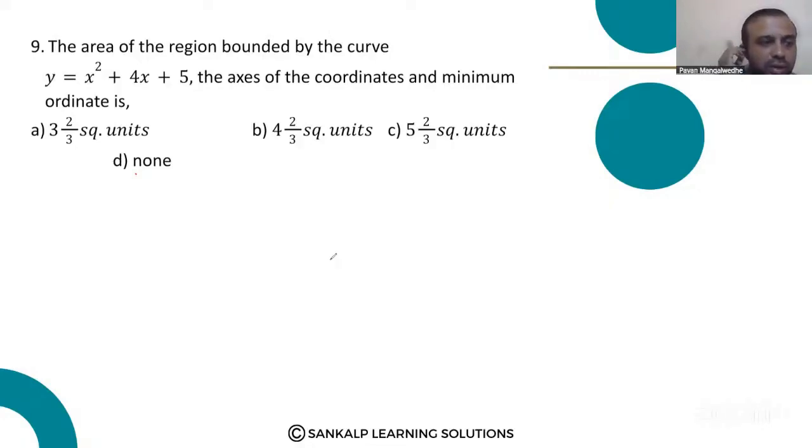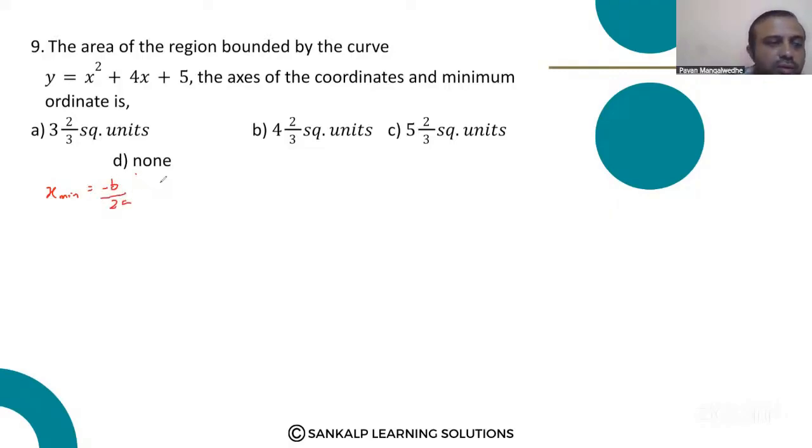So the given curve clearly shows that it's a parabola, where y is equal to the standard form ax square plus bx plus c. It's a quadratic equation form. The parabola opens upward and has a minimum value, where x minimum is minus b by 2a.